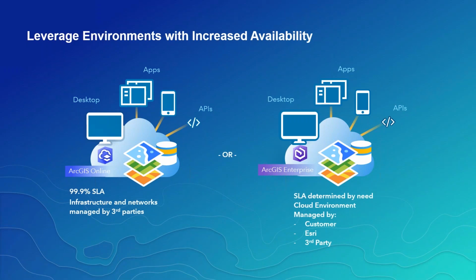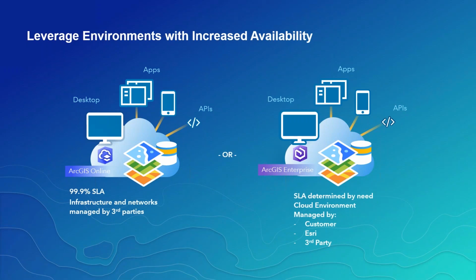So an alternative to running things on premises would be to start to leverage other environments that have higher availability. And the two that you see here on the left, you've got ArcGIS Online. That has a service level agreement of 99.9%. In this case, you have to realize the infrastructure and the networks are managed by third parties, meaning not Esri.